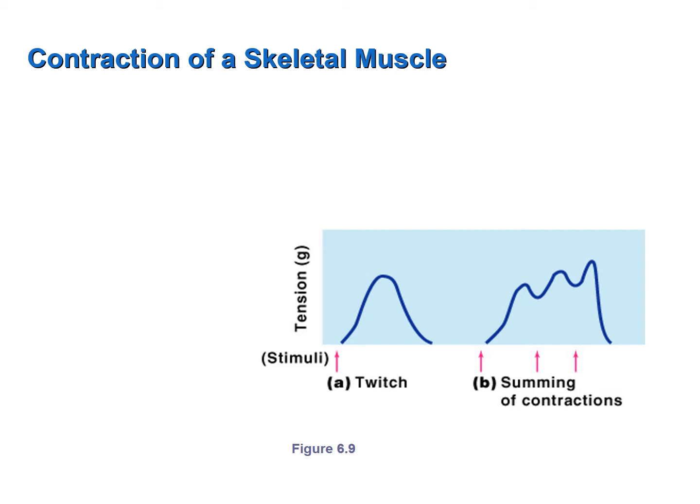Then some of the calcium moves back into the sarcoplasmic reticulum and a third electrical stimulation is delivered. More calcium leaves the sarcoplasmic reticulum such that now the concentration of calcium in the cytoplasm is greater than it was after the first or second electrical stimulations were delivered.